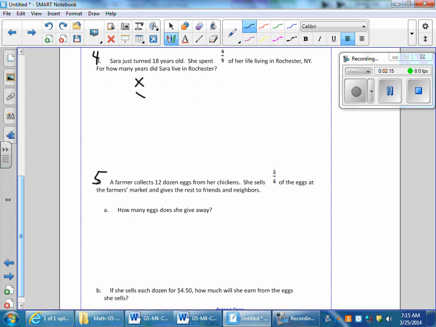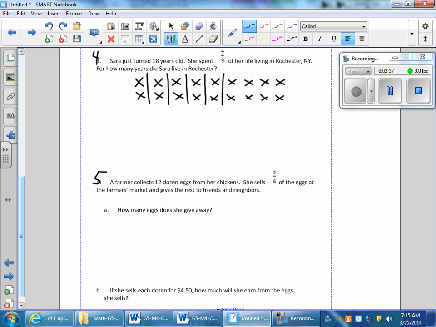I'm thinking of making 9 groups of 2 for my array. They represent her years. All those X's represent her years. And I've made 9 groups.